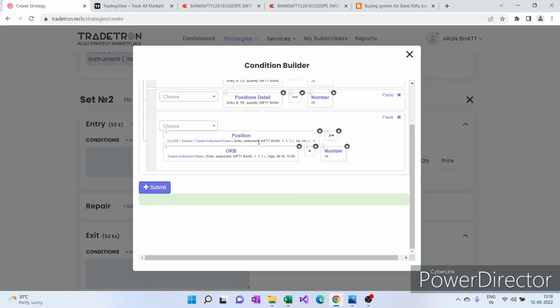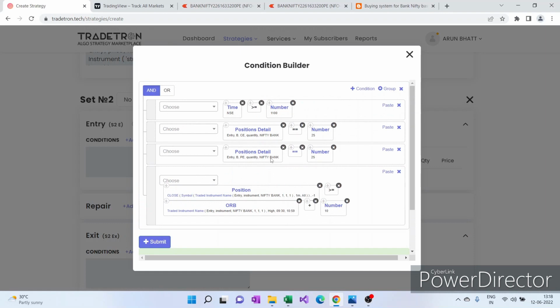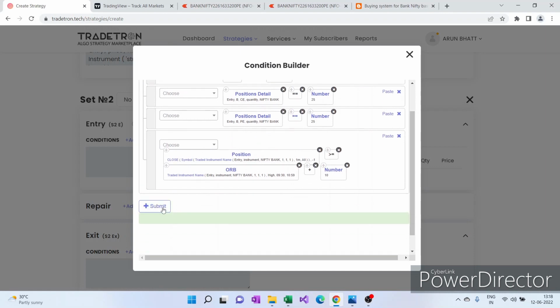TradeTron is in beta stage, so not always it returns the value. But we can try that out. We can check for the previous 5 minute candle or 10 minute candle, whatever way we want. If we want to wait 5 minutes, we can check that also. If you want to wait 10 minutes, all that can be done in TradeTron. But here we are sticking to the number. So this is the entry condition.